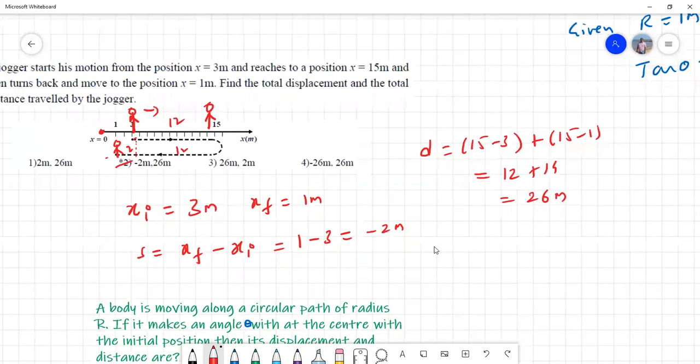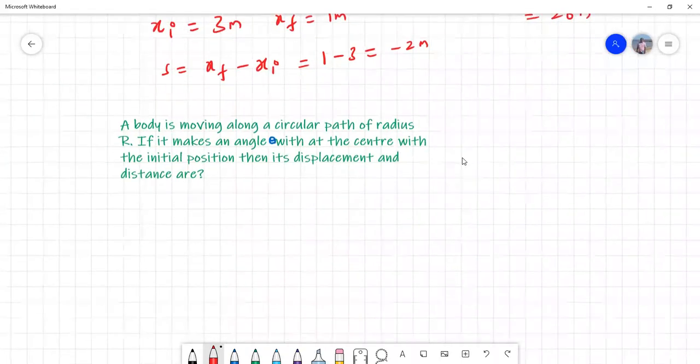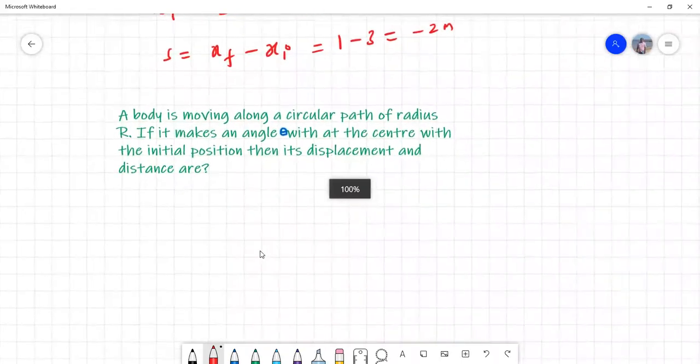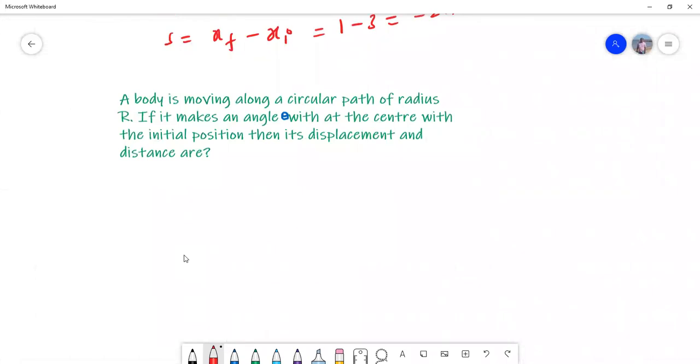Very simple problem. Now this is again a very, very important model. A body is moving along a circular path of radius r. If it makes an angle theta at the center with the initial position, then find its displacement and distance.